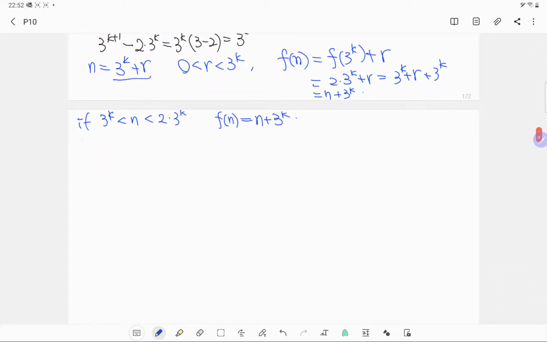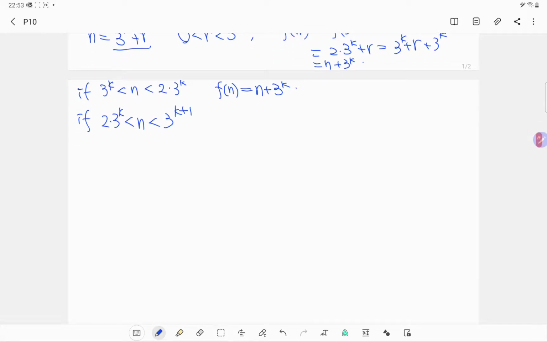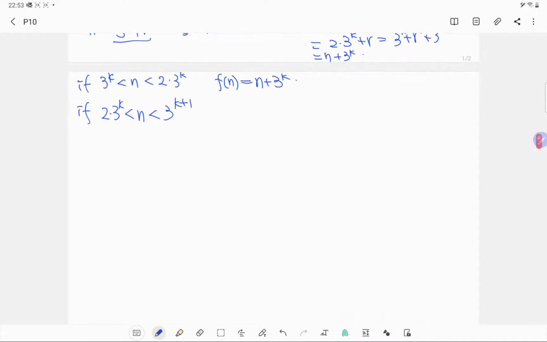So now, if n is larger than 2 times 3 to the k power and is smaller than 3 to the k plus 1 power, what should it be? n is equal to m plus 3 to the k power.